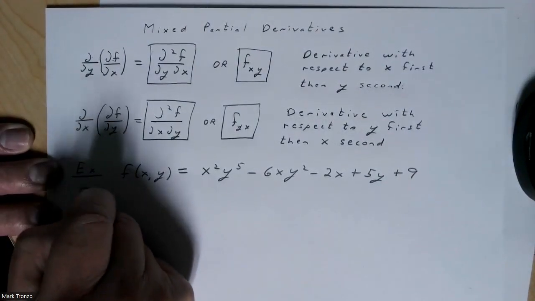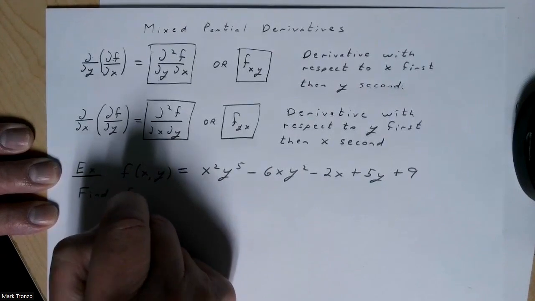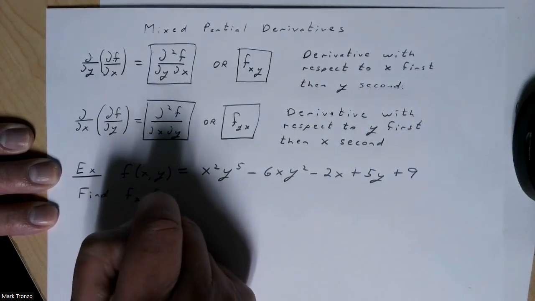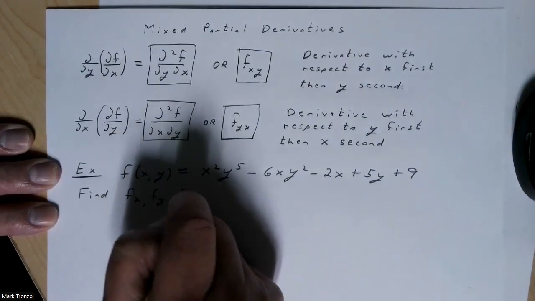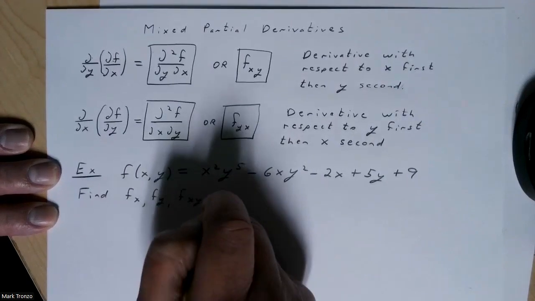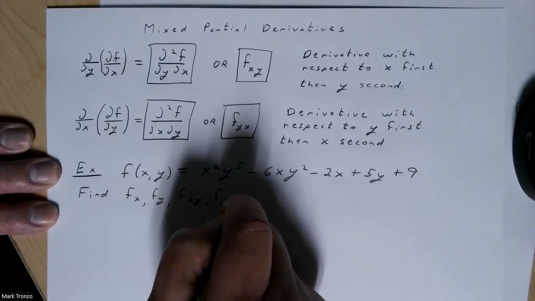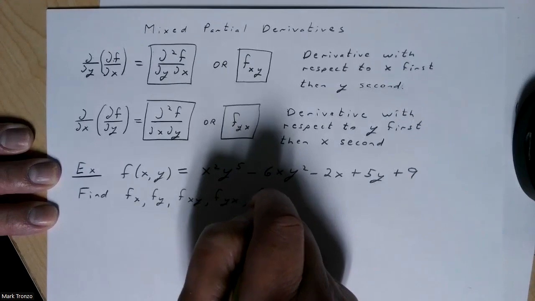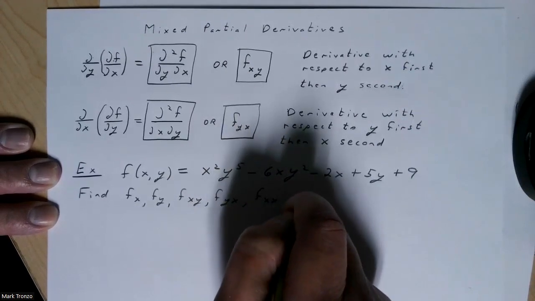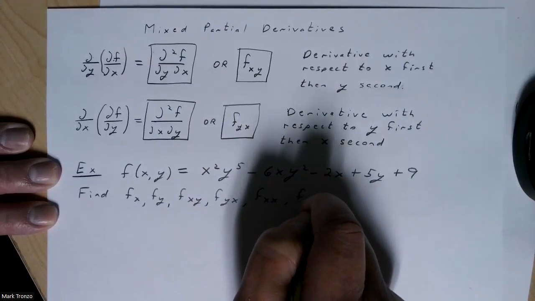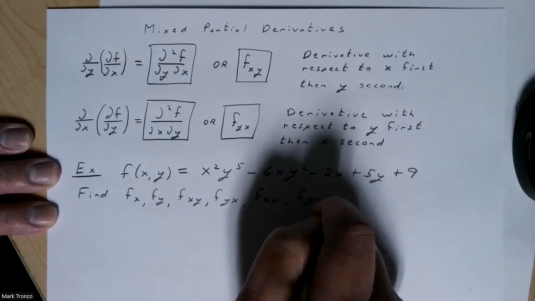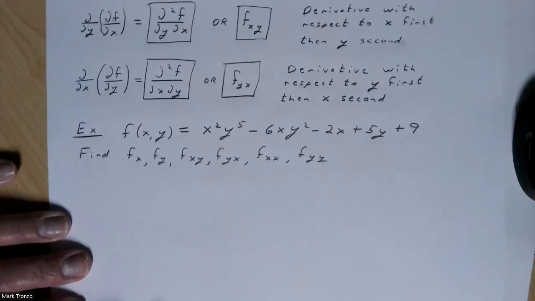And let's find all the derivatives: fx, fy, fxy, fyx, fxx, fyy. Let's take a look at this problem here.